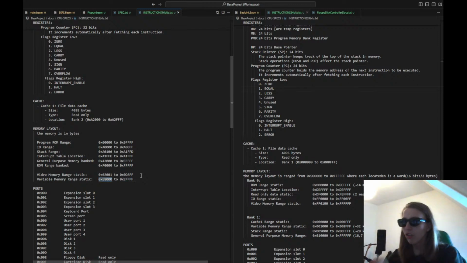Let's take up this space in bank 2. Yeah, because that wouldn't interfere with the cache.